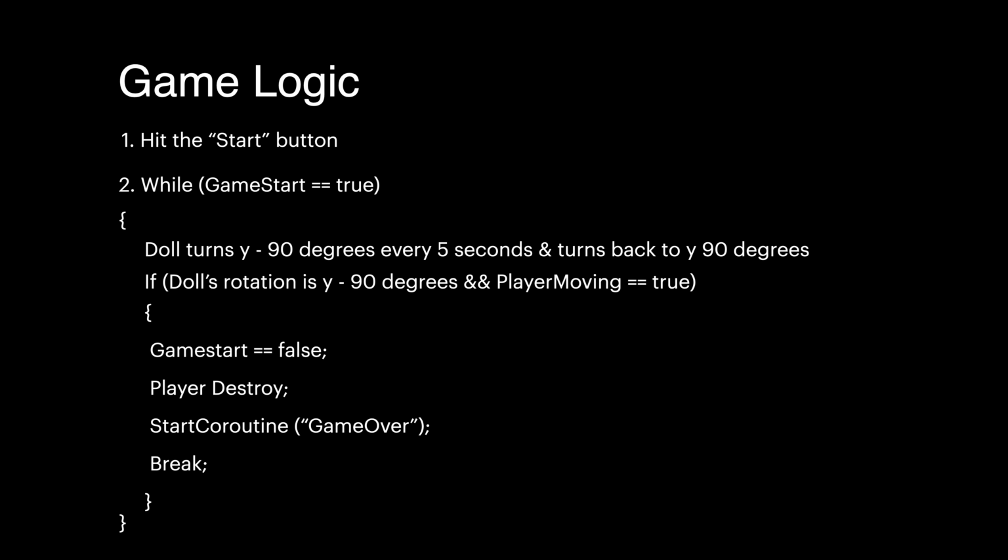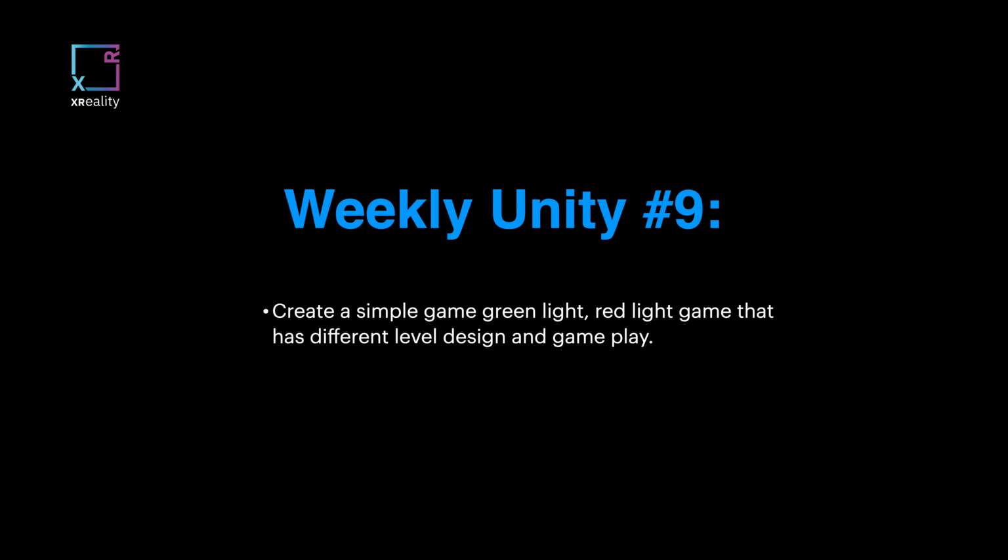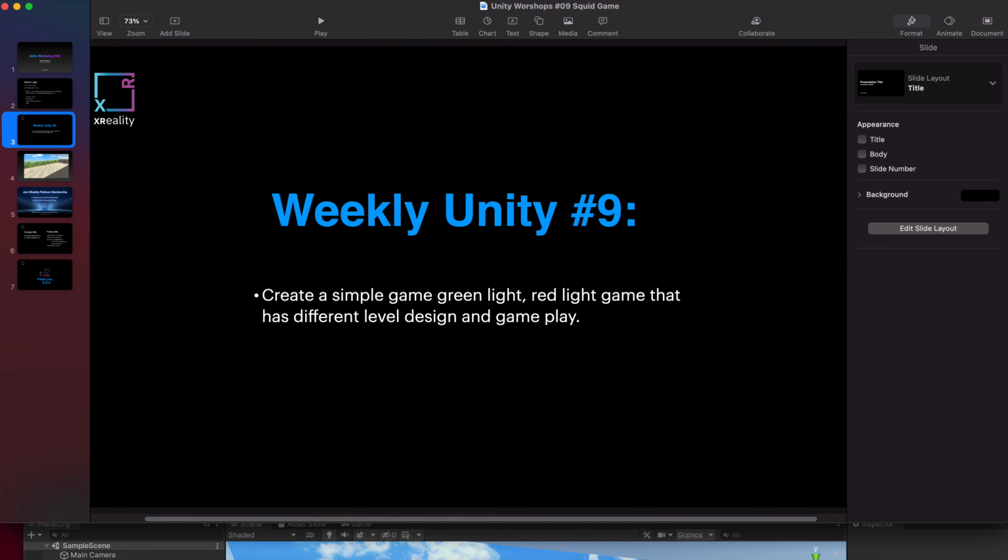And the player will be destroyed in 2 seconds. And then start coroutine, game over. So the entire game over will start running and break, which means that the entire looping is finished because the player is dead. Okay, so this is the entire logic.